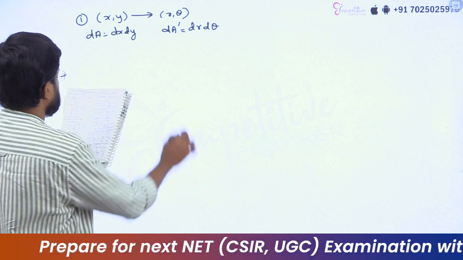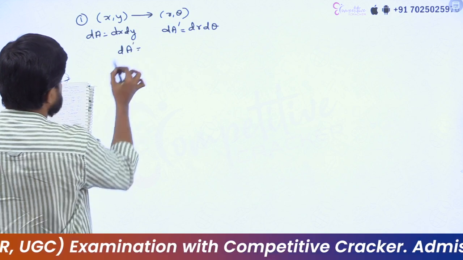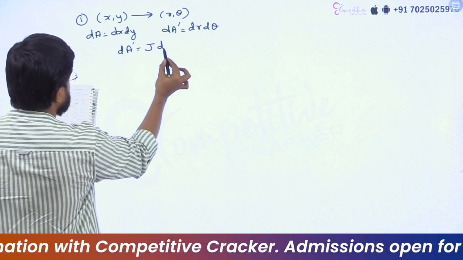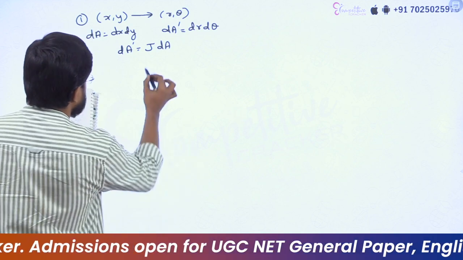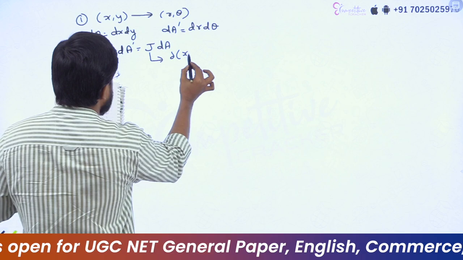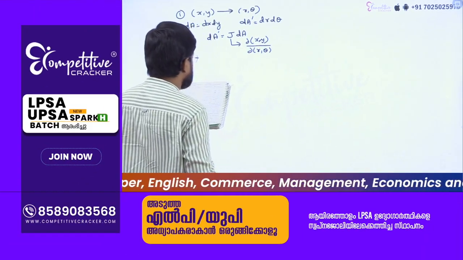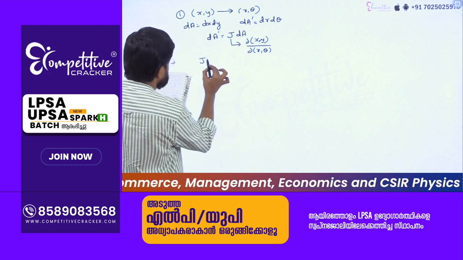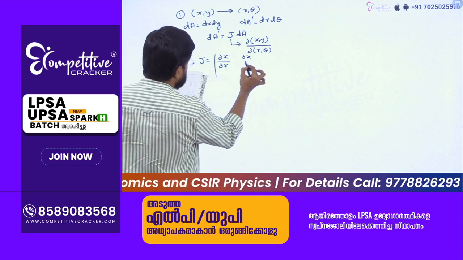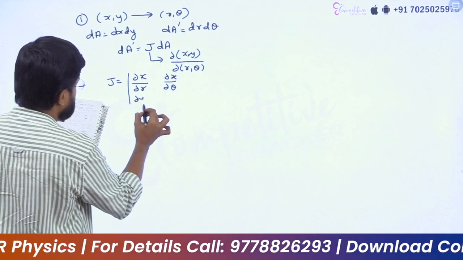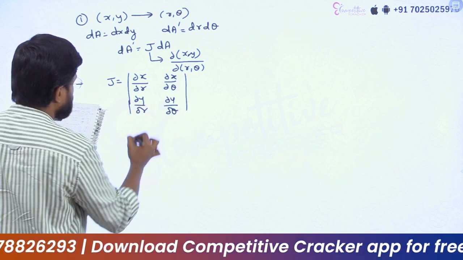And we have found that dA is equal to J into dA prime, where J is defined as dou of x comma y by dou of r comma theta, and J is equal to the determinant with dou x by dou r, dou x by dou theta, dou y by dou r, and dou y by dou theta.